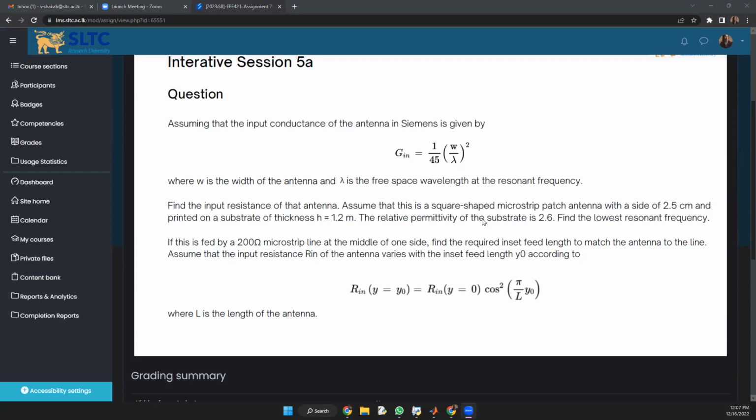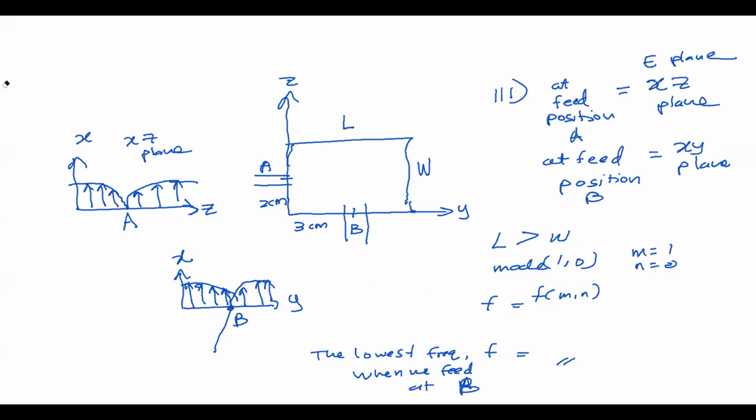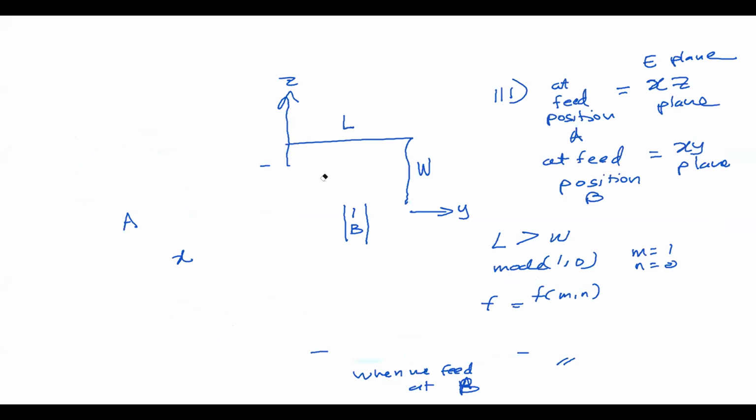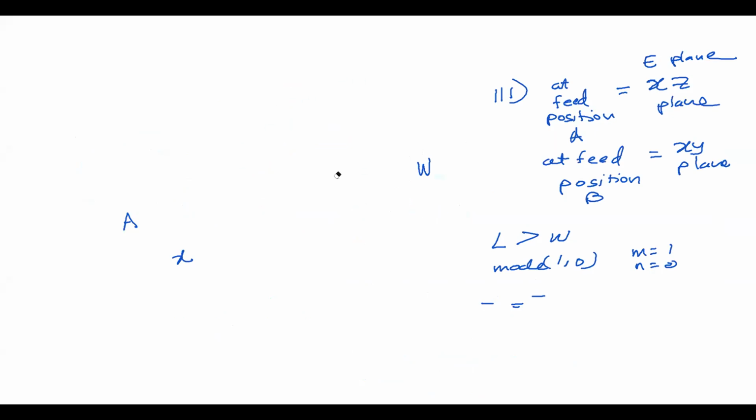So because of that, you can use either the 01 or 10 mode, and you can find the relevant lowest frequency based on that, right?